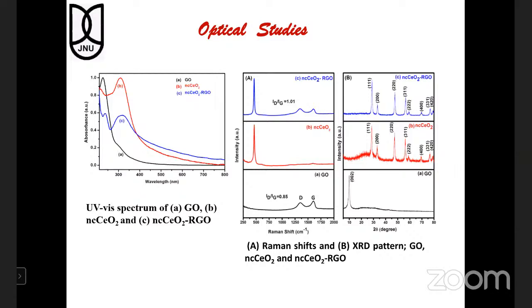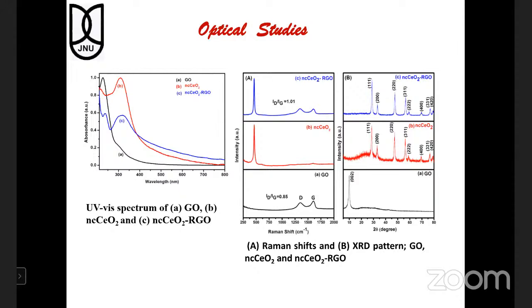The composite shows both peaks, corresponding to GO and RGO, which confirms the material has both nanomaterials. Simultaneously, we checked the Raman spectra: the G and D bands are present in GO, and in the composite the G and D bands appear, and the cerium oxide nanoparticle peak is also present. So the composite formation is confirmed by these techniques.